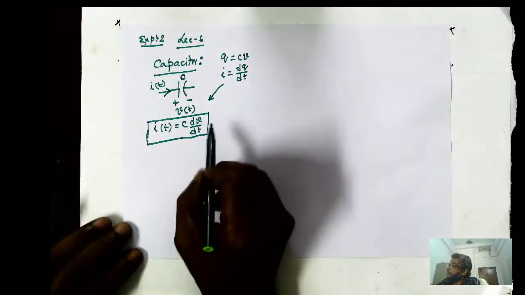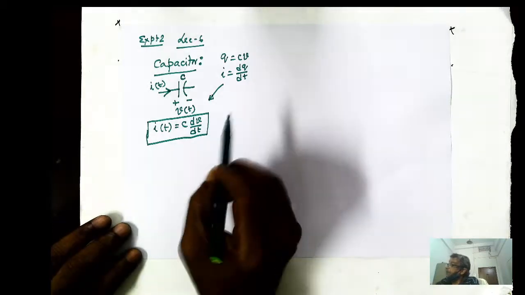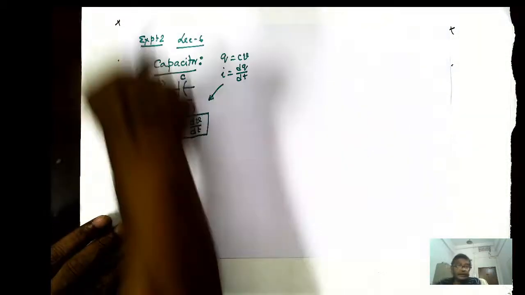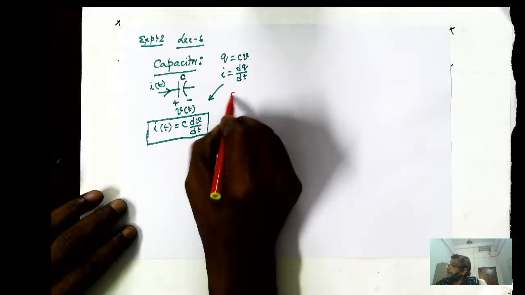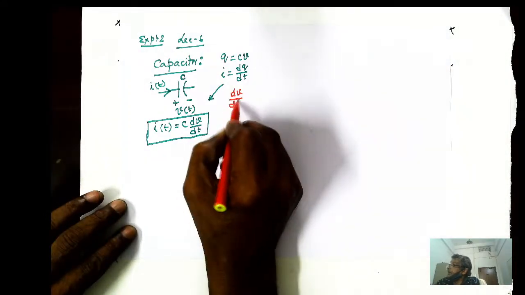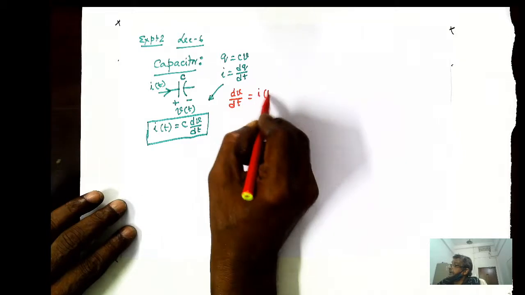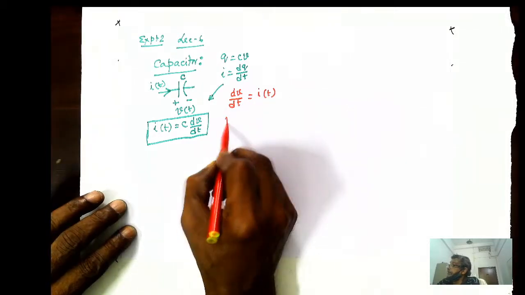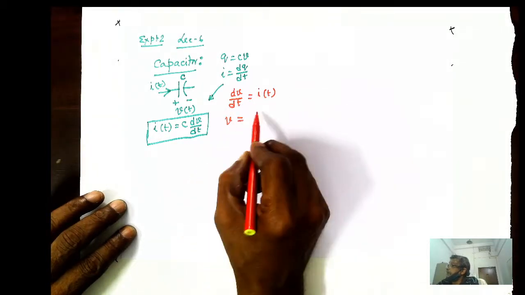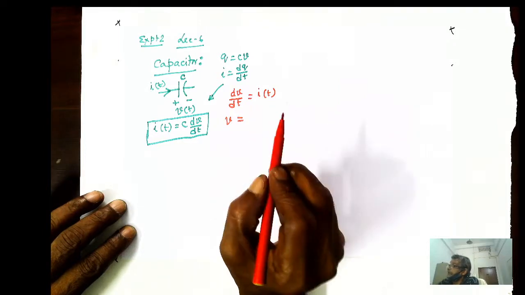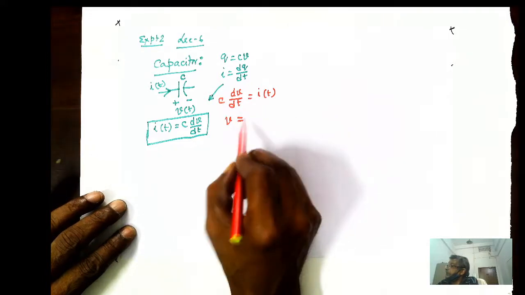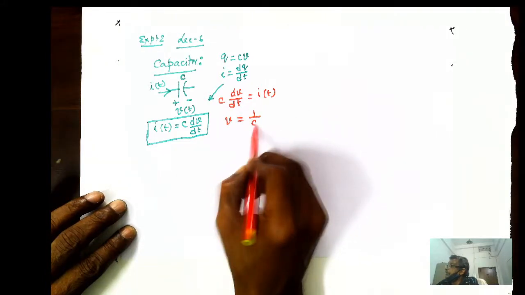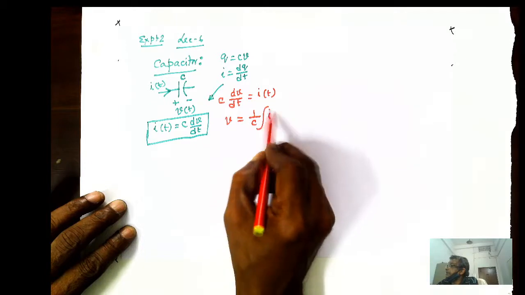Now this can be written as dV/dt equal to i(t) over C, and V(t), the voltage at any time t, will be 1 over C times this integral.